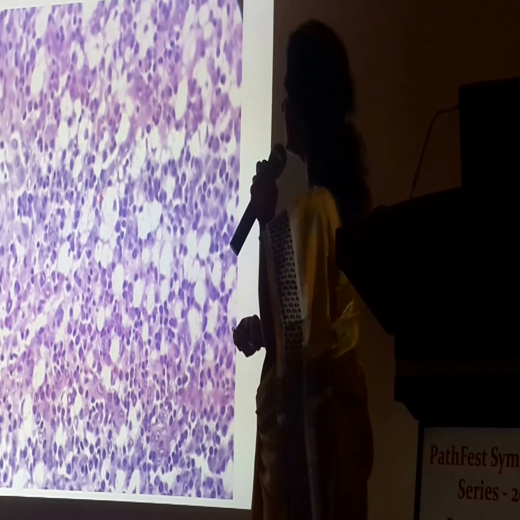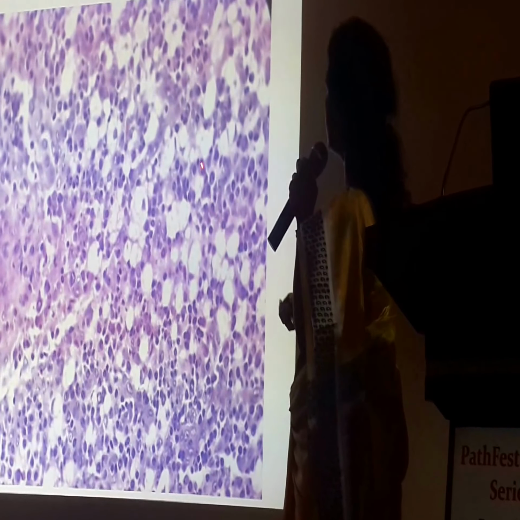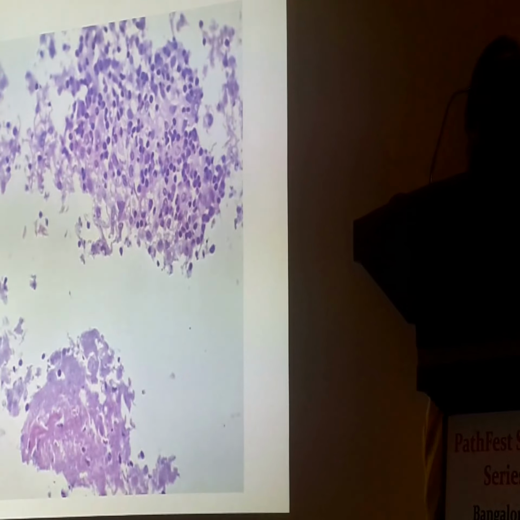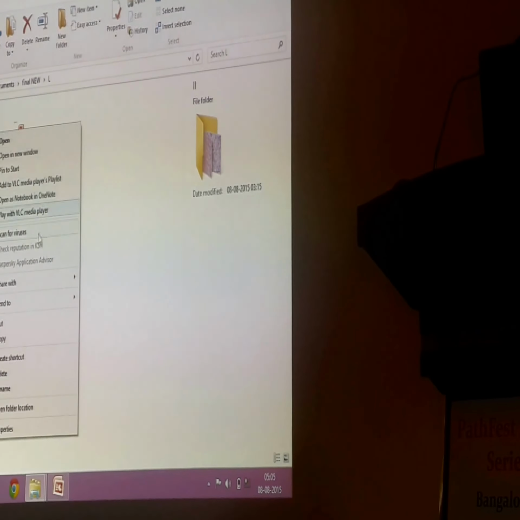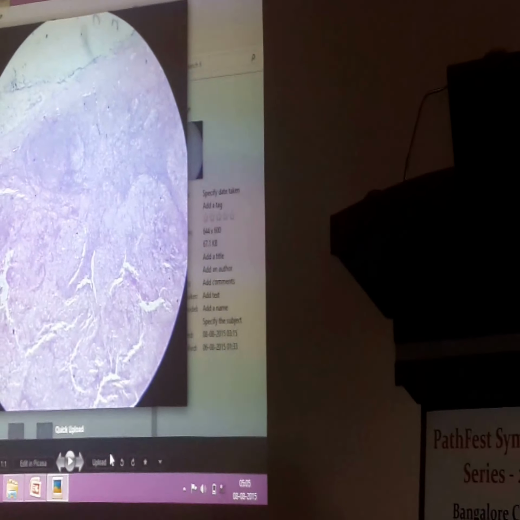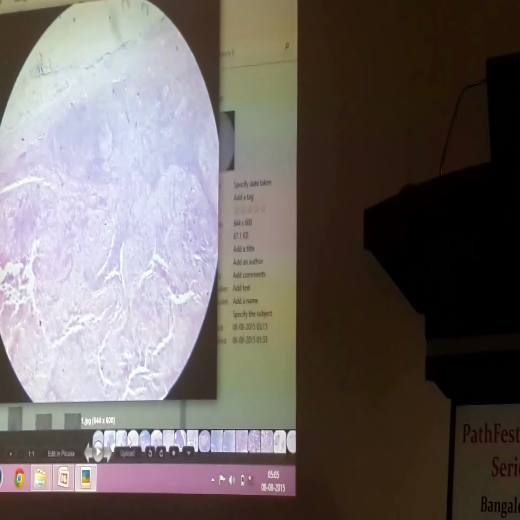Look at these cells, the outline, the nucleus. There are varying sizes. Yes, they are histiocytes. Next. We'll go there to the JPEG. Yeah, we have seen this.